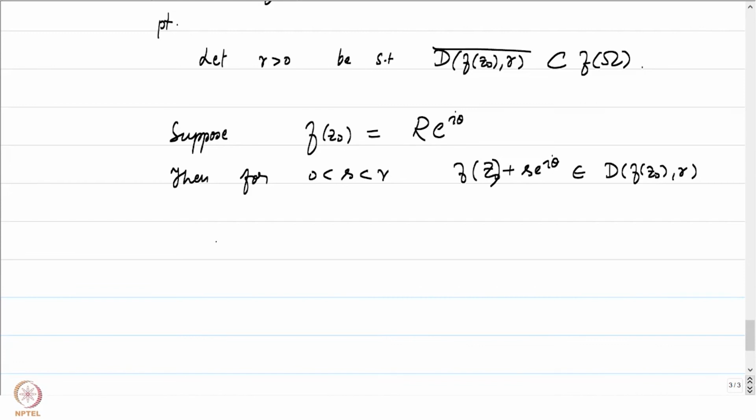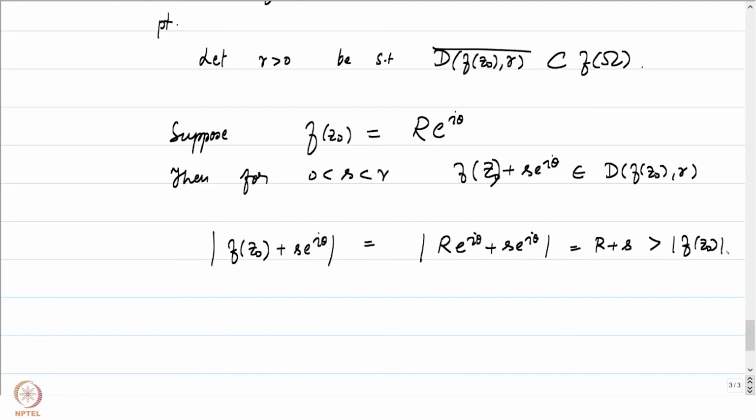And if you look at the absolute value of f of z0 plus s e to the power i theta, what is this going to be equal to? This is the absolute value of R e to the power i theta plus s e to the power i theta, which is equal to R plus s, and s being positive, this is greater than the absolute value of f of z0, which is equal to R.